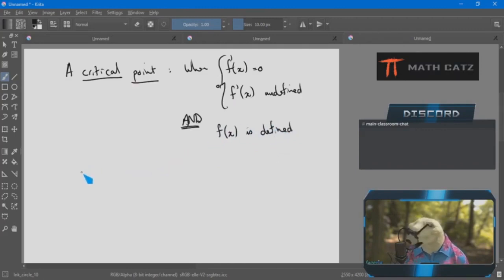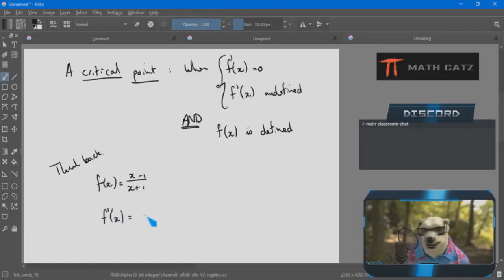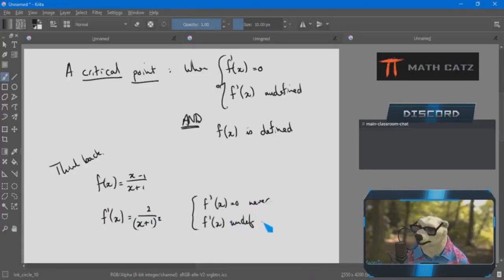Now, if you think back to the rational function example that we did, you can look back on your notes. We did that yesterday. We found the derivative to be 2 over x plus 1, everything squared. So when we then did our derivative equal to 0, we found never. Our derivative undefined, yes, that was when x was equal to negative 1.